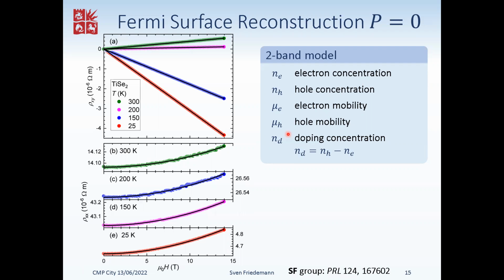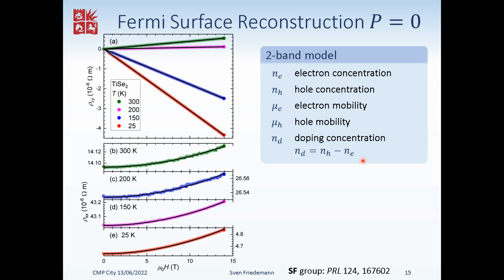That's a little bit dependent on impurities in the system, and there's a discussion going on whether one would have the Fermi level in perfect crystals in the gap and hence a perfect insulator, but pretty much 95% of all groups that make titanium selenide do obtain crystals with a slight electron doping. So did we, and hence we fix this electron doping. We determine it once at lowest temperature, and then we fix it for all the fits of our two-band model.